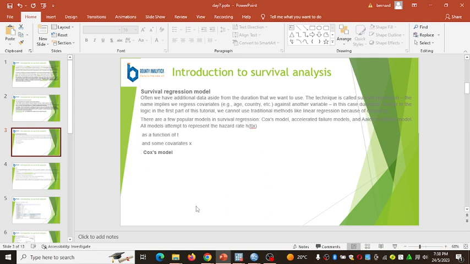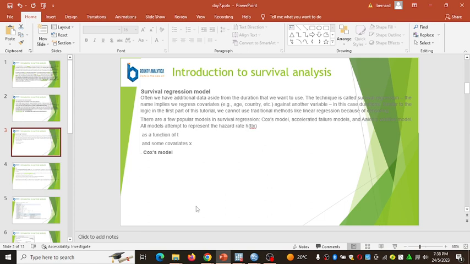We have parametric survival models like Weibull. You remember the parameters that are used to define a Weibull distribution. We have the exponential, which makes actual assumptions about the distribution of survival time.